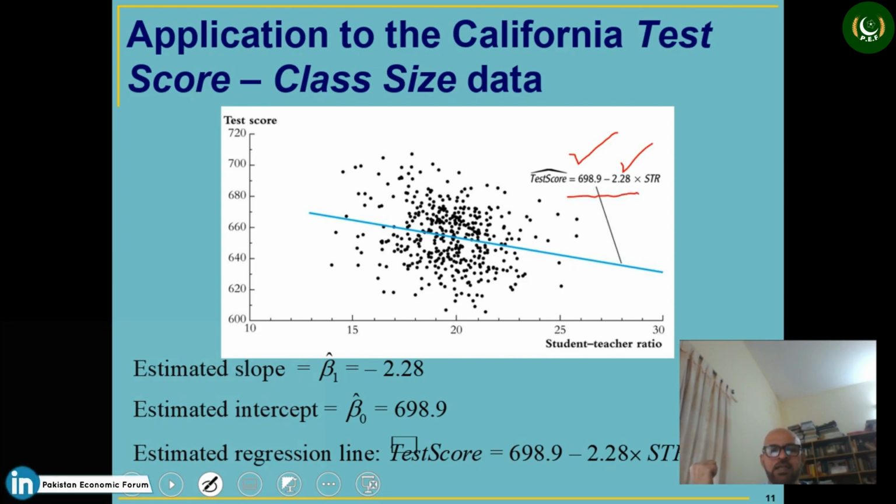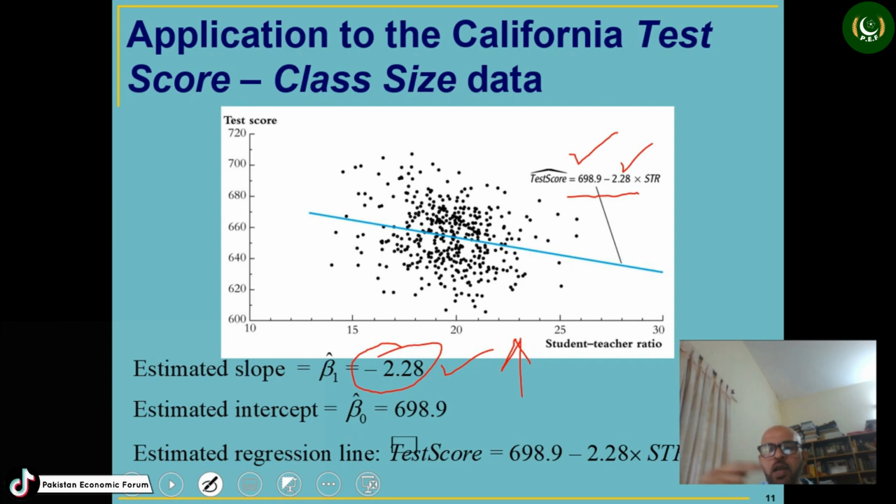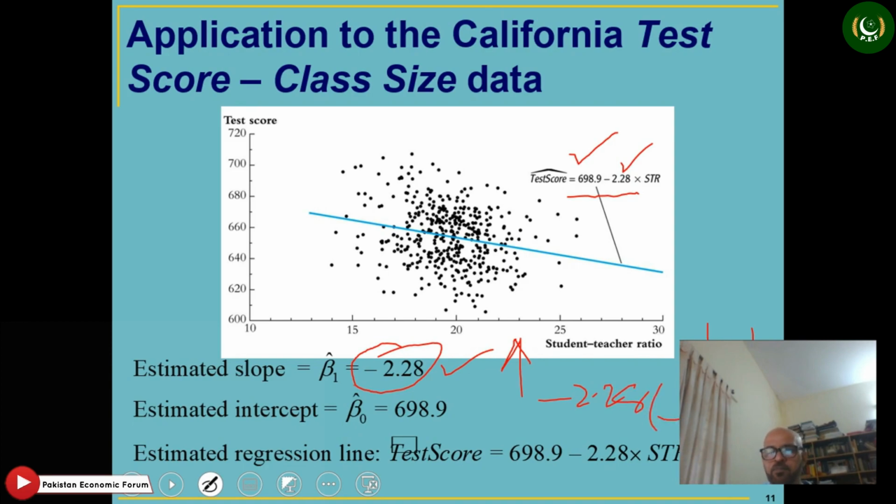This is called ordinary least squares. Here the slope coefficient beta 1 is minus 2.28: as class size increases by 1, test score decreases by 2.28, or as class size decreases by 1, test score will improve by 2.28, minus into minus is plus.